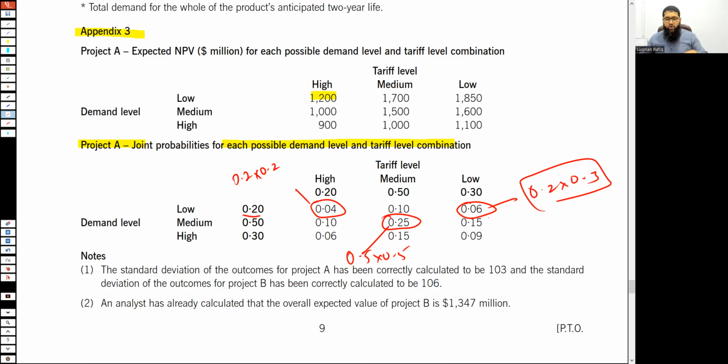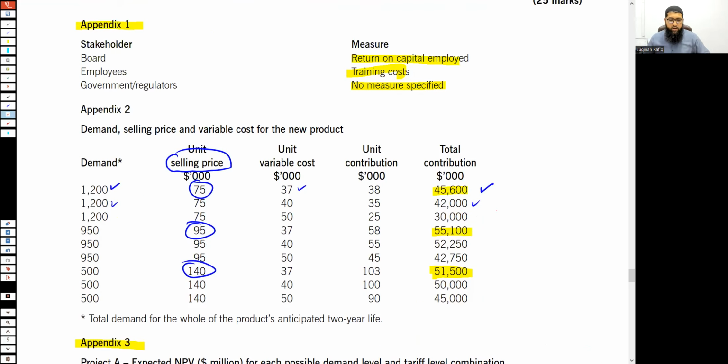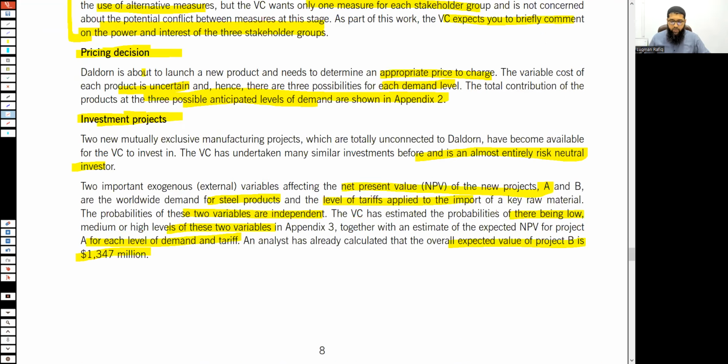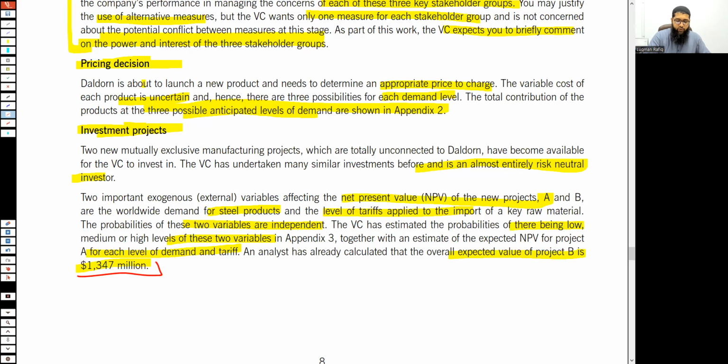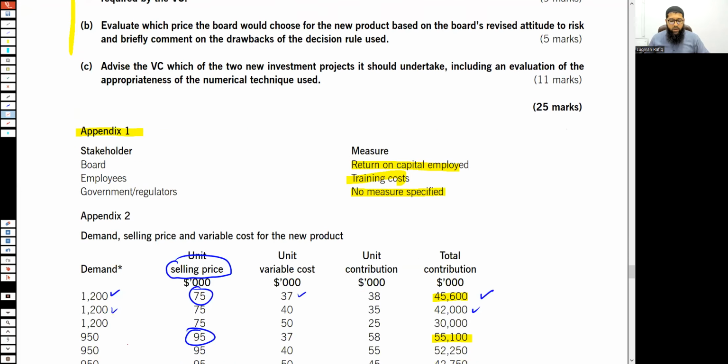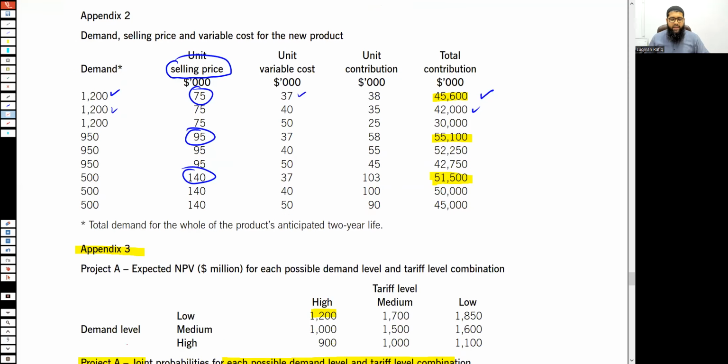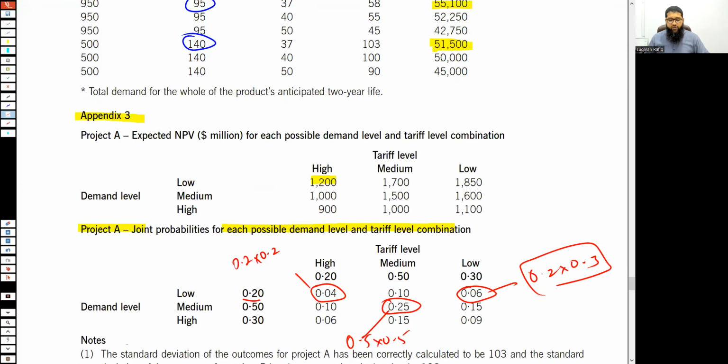The expected value of B was calculated as 1347. The expected value of A has to be calculated. How would the expected value of A be calculated? It is going to be simple. If you sum up all of the probabilities, you'd probably get 1. Can you just give it a try?